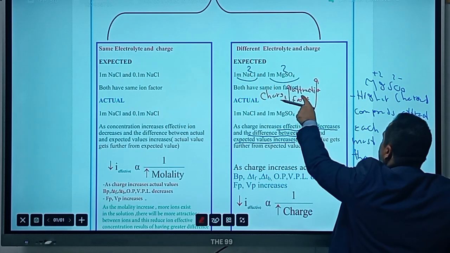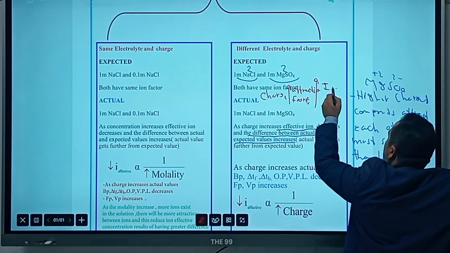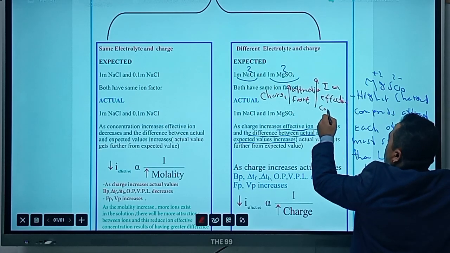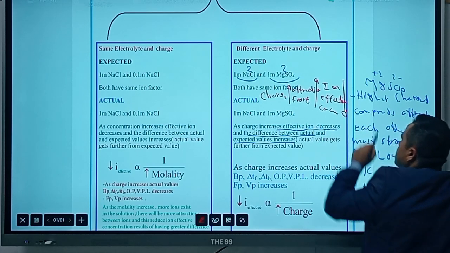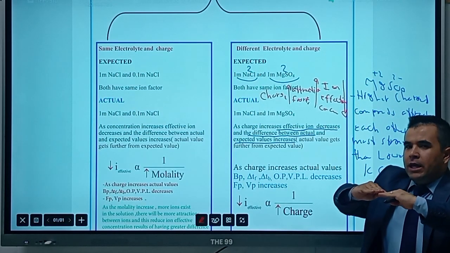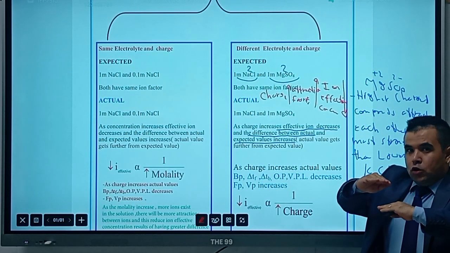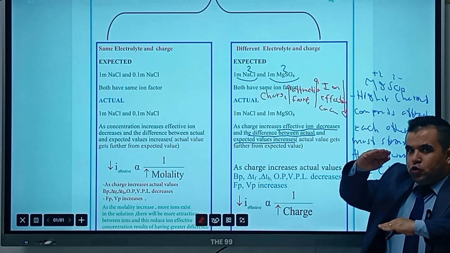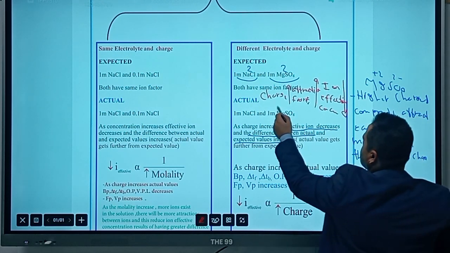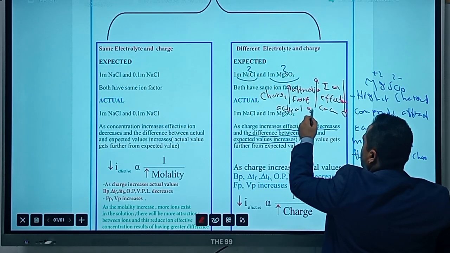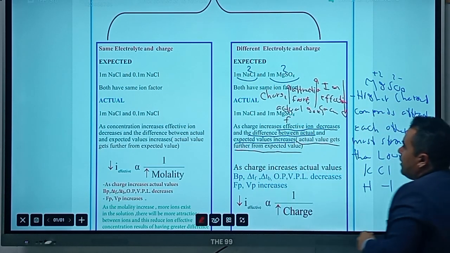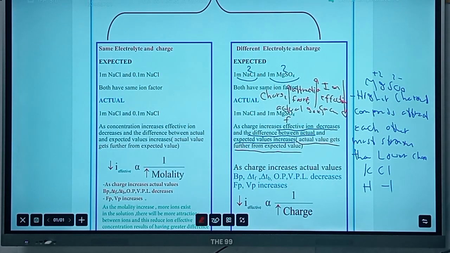And as the attraction between the ions increases, the effective ion concentration decreases. And as the effective ion concentration decreases, there will be a longer distance between actual and expected values. So the actual gets farther from the expected value.